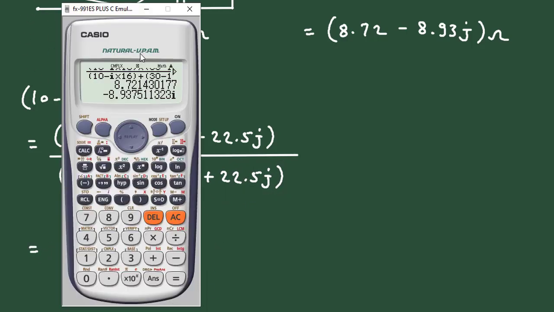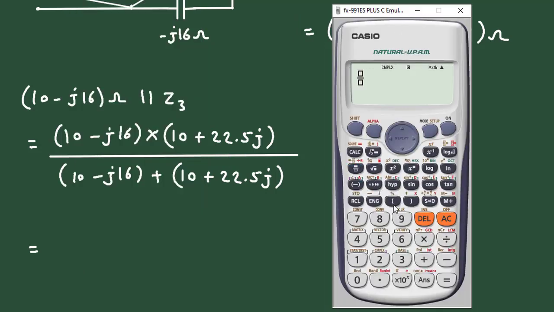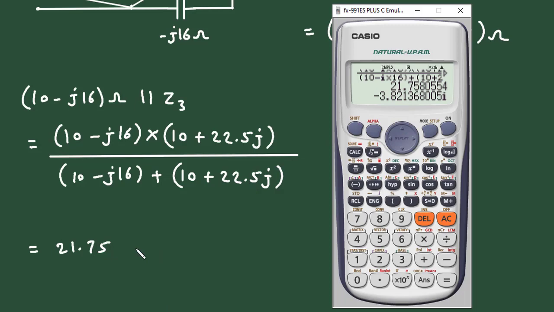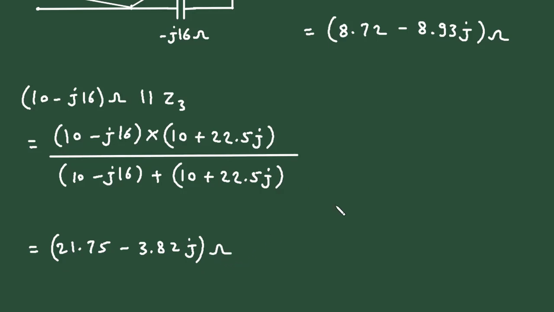So it is equal to 10 minus J into 16 multiplied with 10 plus 22.5 into J, divided by 10 minus J into 16 plus 10 plus 22.5 into J. It is equal to 21.75 minus 3.82 J, and again it is impedance, so its unit will be ohm.